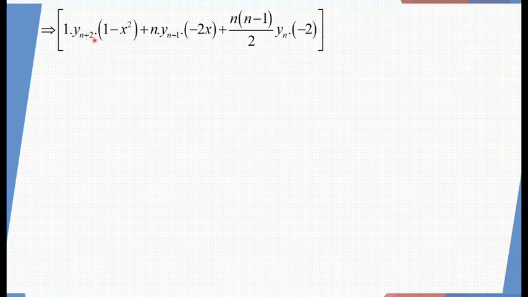nc0 is 1. This nth derivative of y2 will be yn plus 2, because it adds in the suffix of y, 1 minus x square as it is, plus nc1 is n, so write here n.